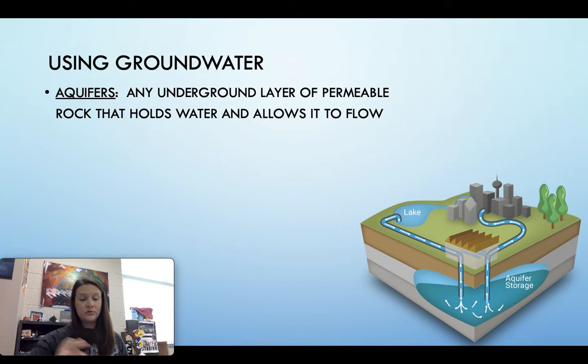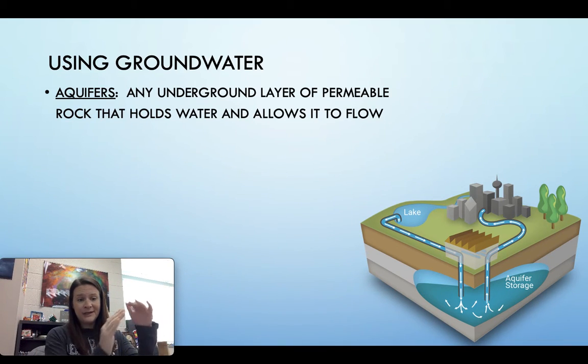Okay, so using groundwater. This is where it's useful for us. Aquifers. This is any underground layer of permeable rock that will hold water and allow it to flow, which is going to happen because it is permeable ground, so the water has the ability to flow through it.